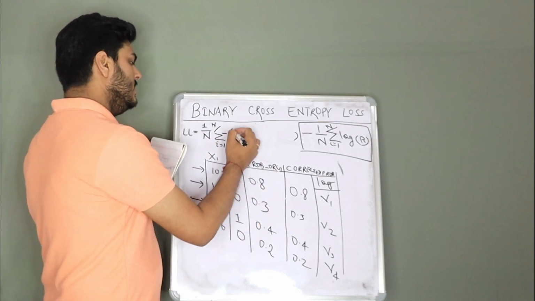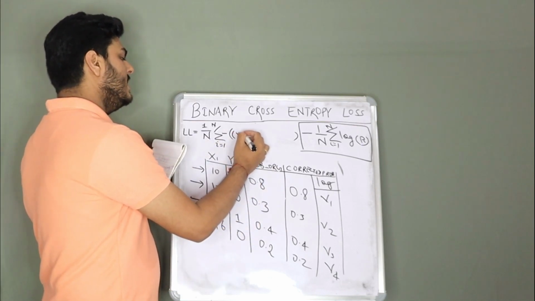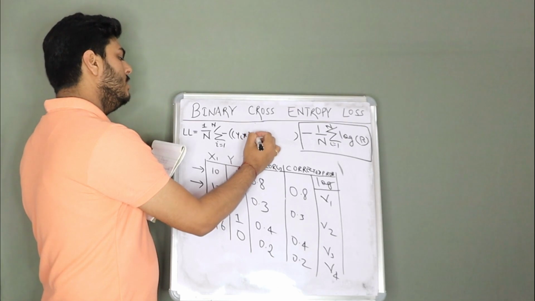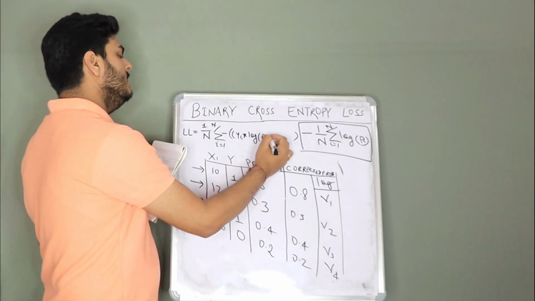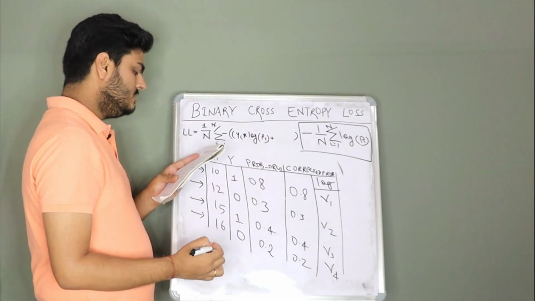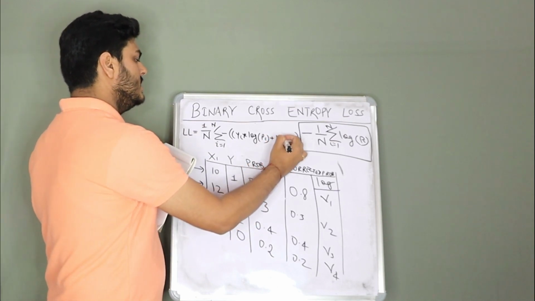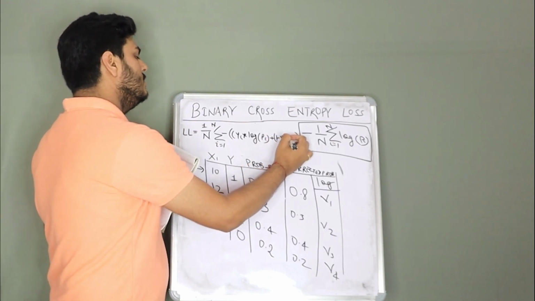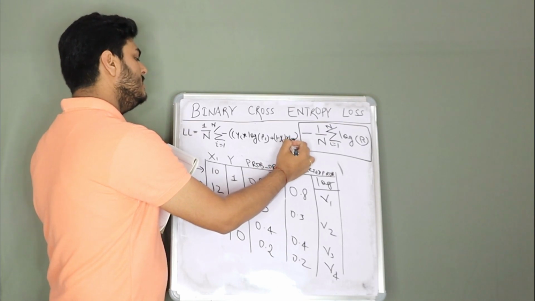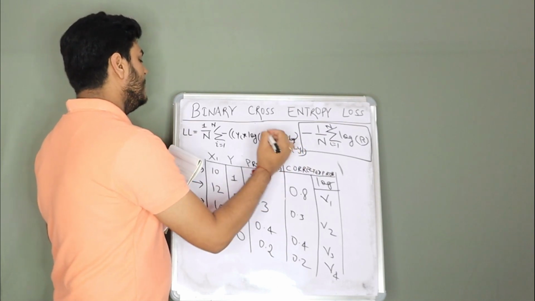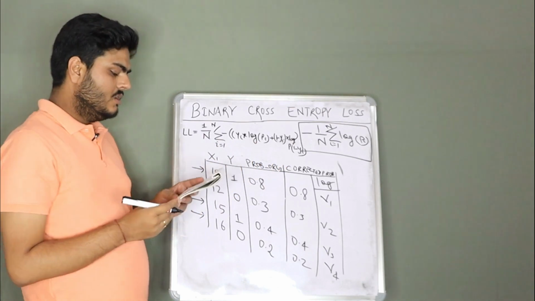In this you have yi into log of probability of i plus 1 minus yi, which is the other class, into log of probability of 1 minus yi. Sorry for less space here.